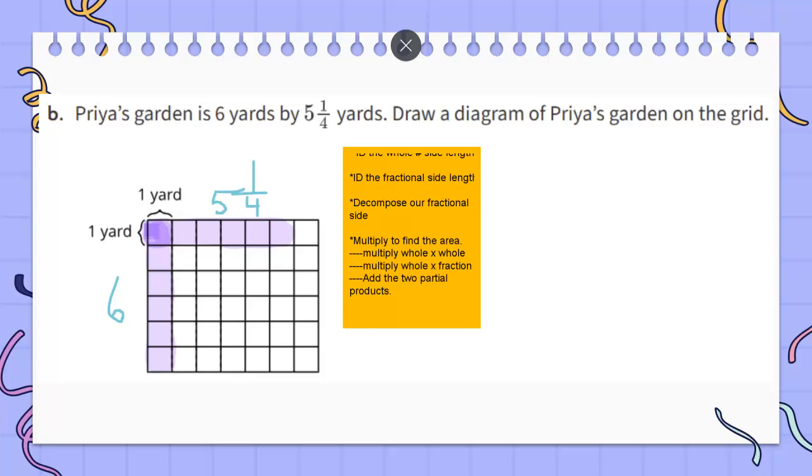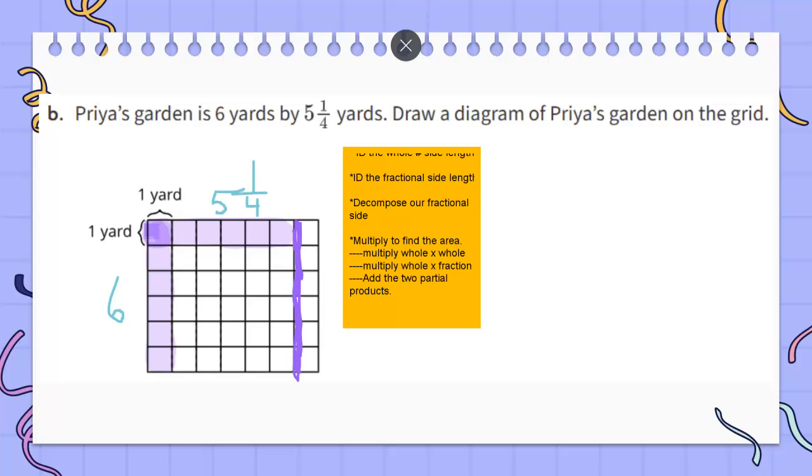And it says 1/4. So what we're going to do is we're going to get our little pencil, and we're just going to make a little sliver to represent 1/4. Does it have to be absolutely accurate? No, but you do need to make it as equal as possible. You shouldn't have most of this shaded. You understand?